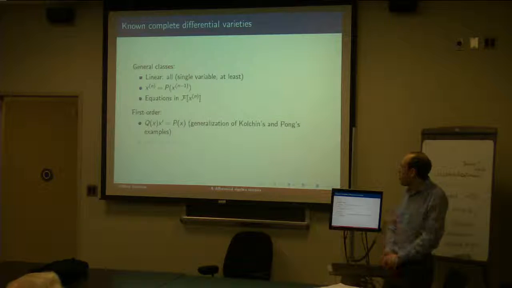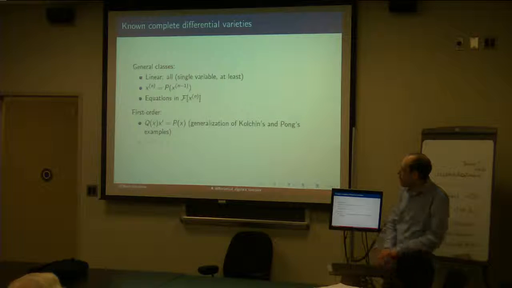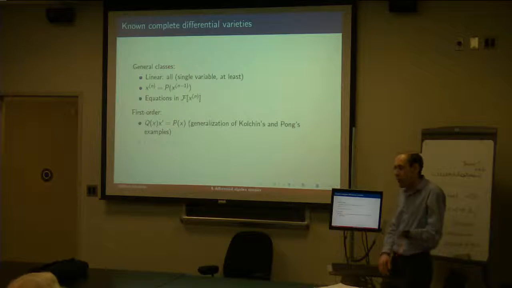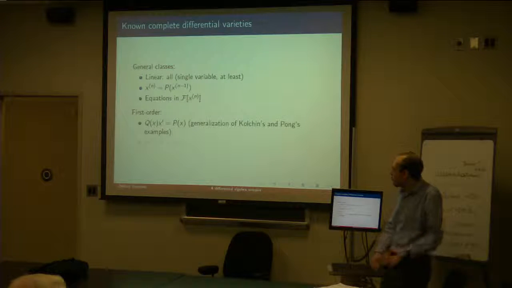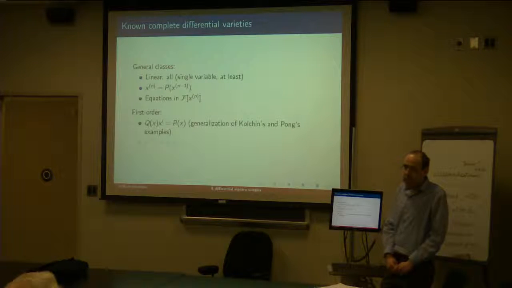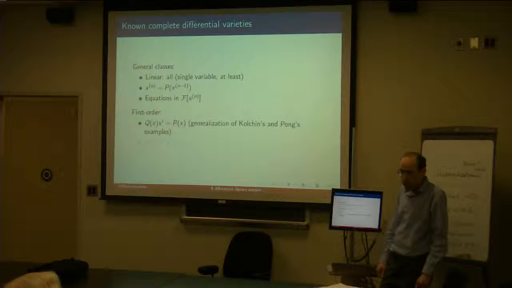Wai-Yan Pong showed that if q is equal to 1, then the projective closure of the equation x prime equals a non-differential polynomial in a single variable is also complete. It's trickier to show, but it was shown that if q is just any non-differential polynomial in x, then the same thing holds.